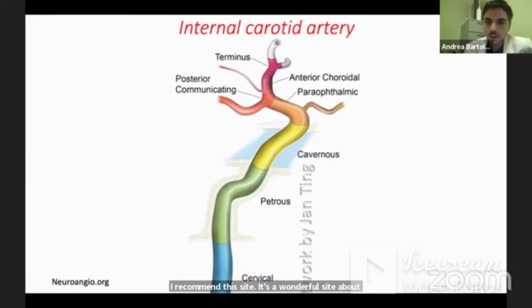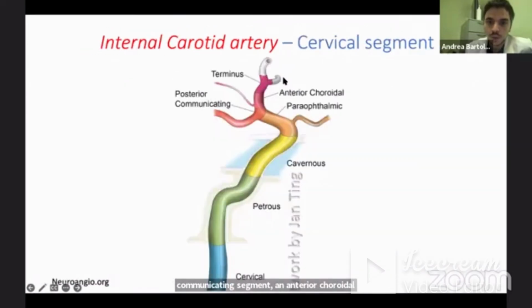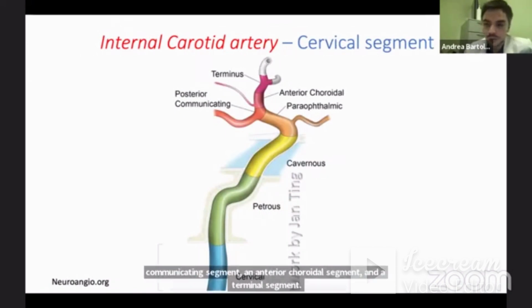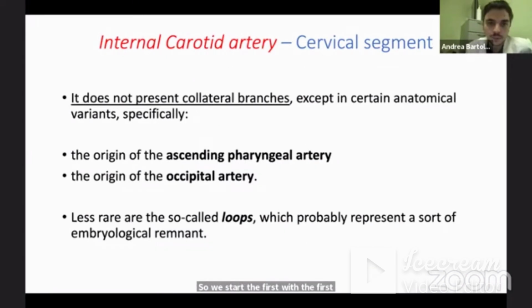And we can divide ICA in several segments: the cervical one, the Petrous one, the Cavernous one, the transitional one, or Clinoid one, the Paraophthalmic one, a posterior communicating segment, an anterior choroidal segment, and a terminal segment. So we start with the first ICA segment, the cervical one.